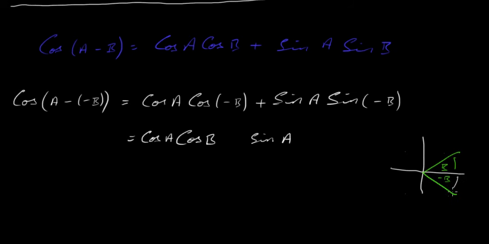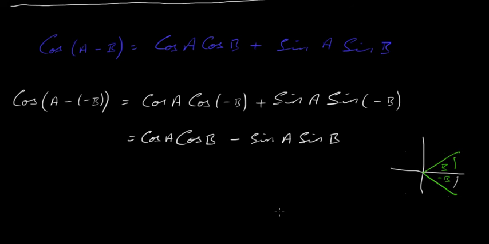The sine of minus B, remember, is going to be negative. So the sine of minus B actually changes the sign here. This is going to be negative, and here you just end up with the sine of B, because the sine of minus B is minus the sine of B.